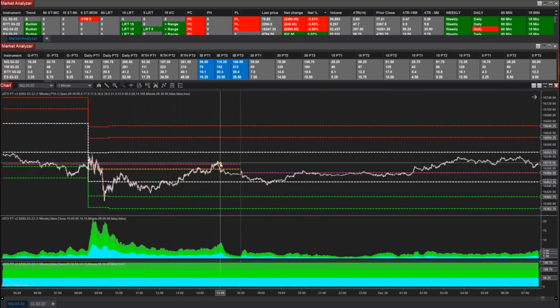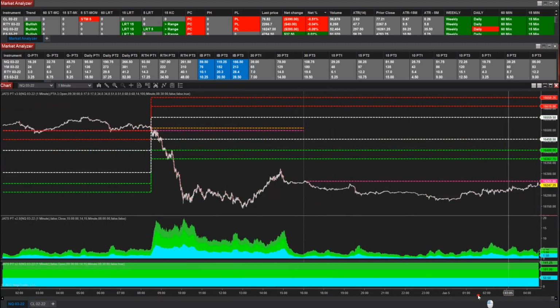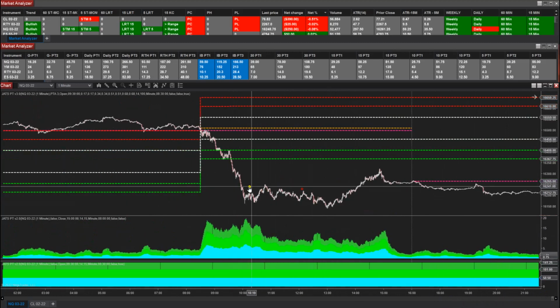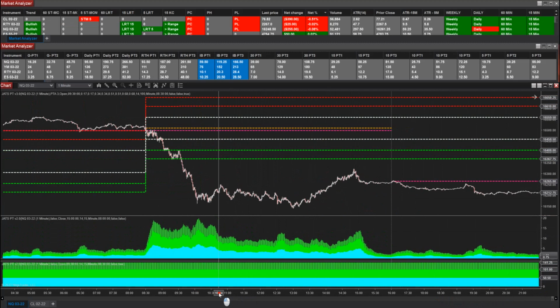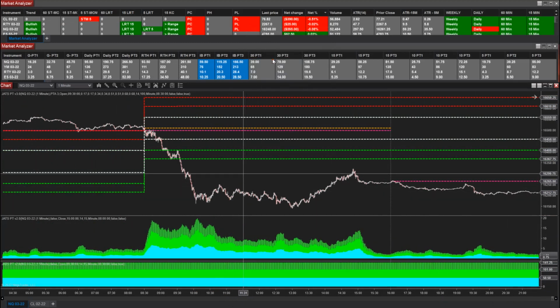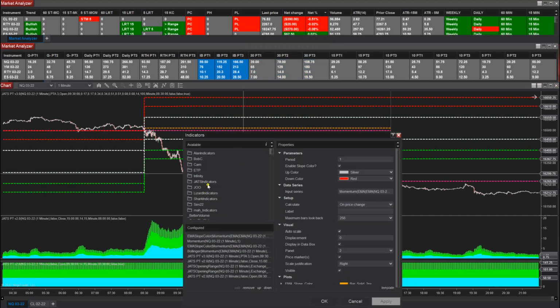Or get an inflection off of another level that you have identified using other methodology with your other indicators. I like my linear regression indicator with this system because it allows me to see the ATR offsets from the main linear regression trend line.